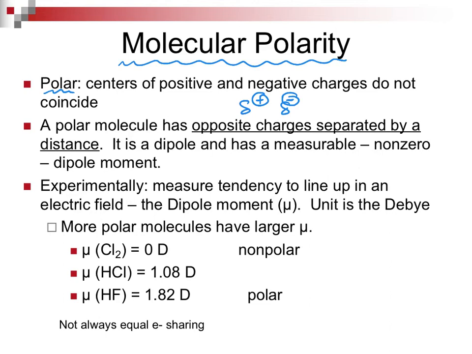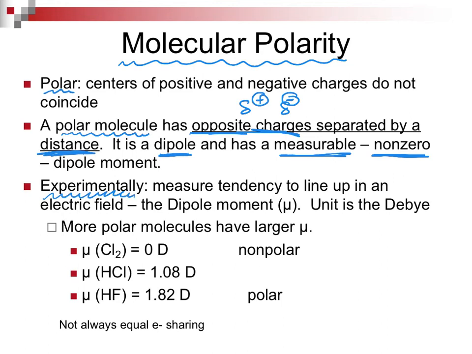And notice what it says in the next line. If I have something called a polar molecule, it has opposite charges and they are separated by a distance. It has a dipole and it is measurable. It will not be a value of 0. So what do people do experimentally?